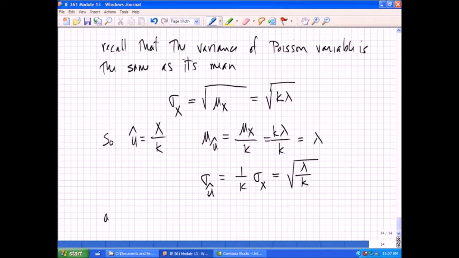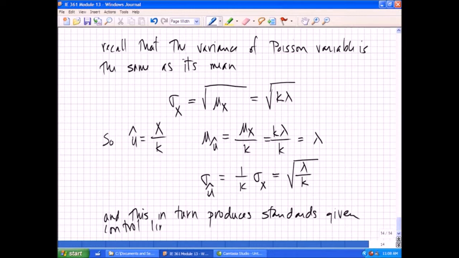And this in turn produces standards given control limits for u hat, and they look like this.